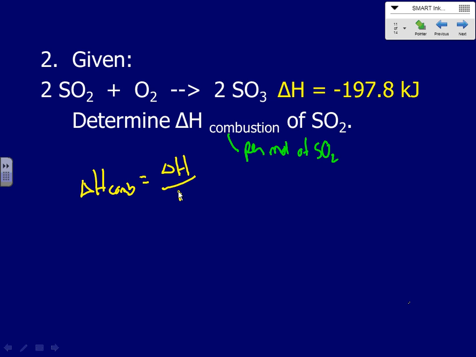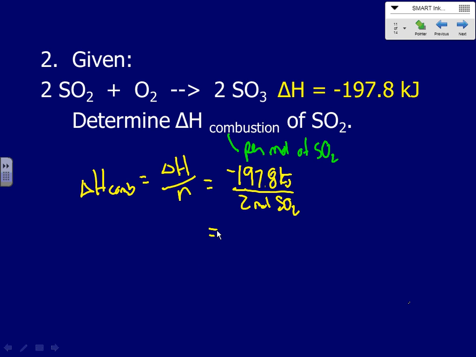We already know this equation. We already know that the delta H, the molar enthalpy, is equal to the enthalpy divided by the number of moles. We can use that equation here. Negative 197.8 kilojoules divided by 2 moles of SO2.